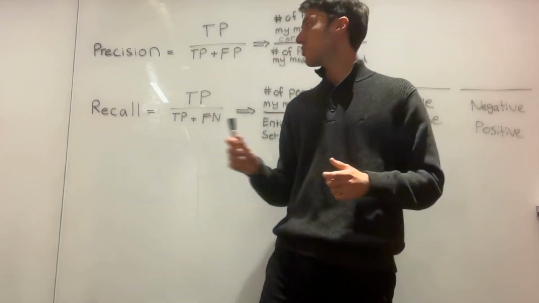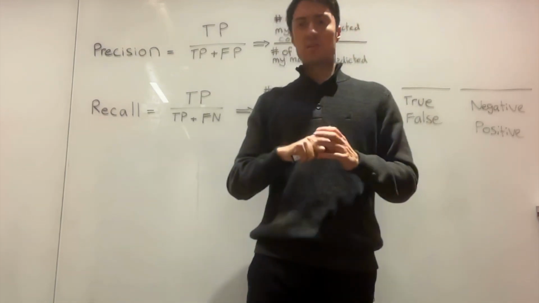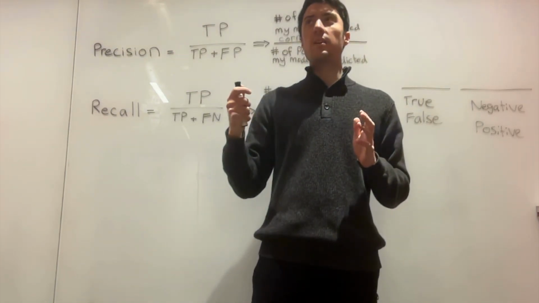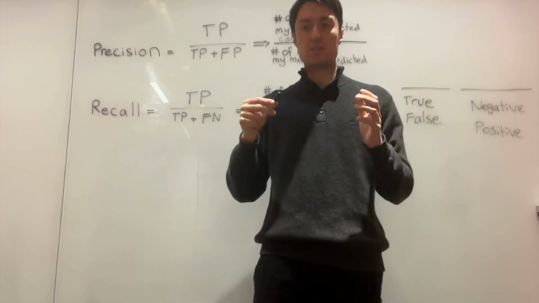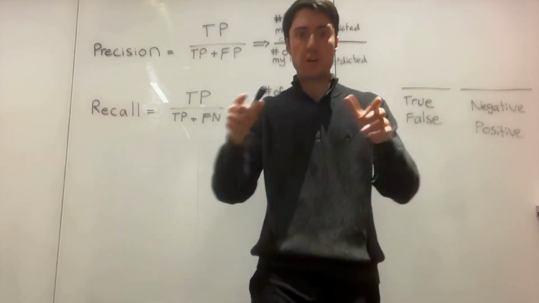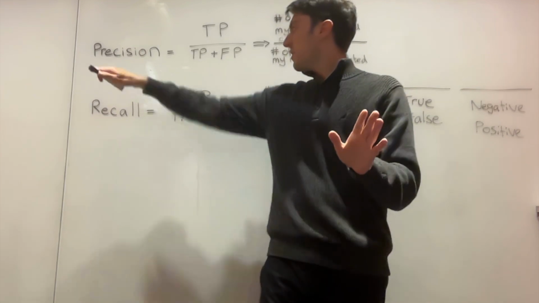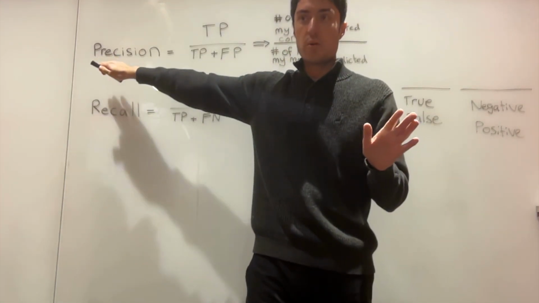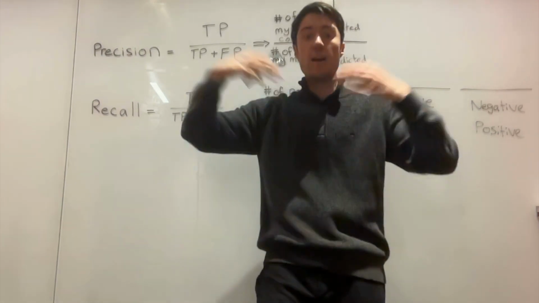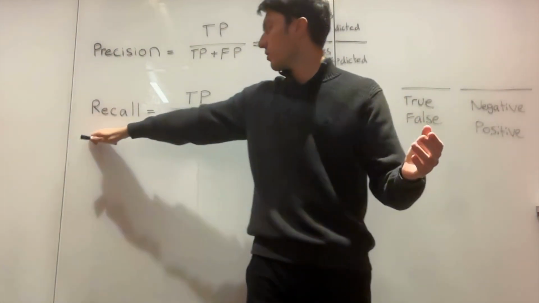So precision is if we don't want to say everyone has cancer, right? Our model says, you have cancer, you have cancer, everyone has cancer, okay? That's precision. Precision means we're worried about our model saying everyone has cancer.